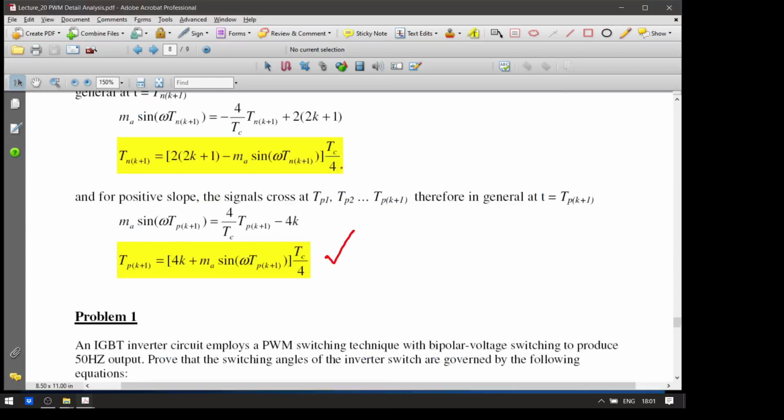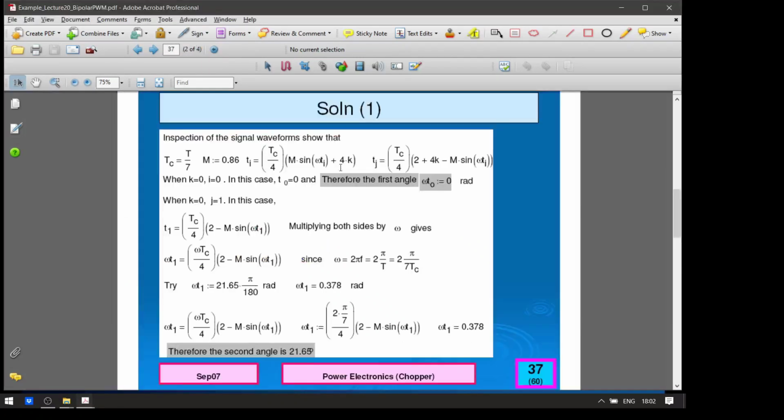All right, and this is the negative slope. So this is the equation for the positive slope, and this is for the negative slope.